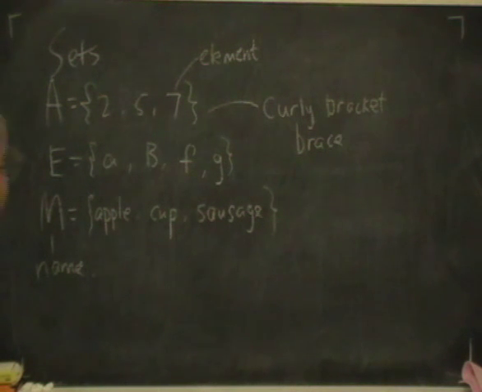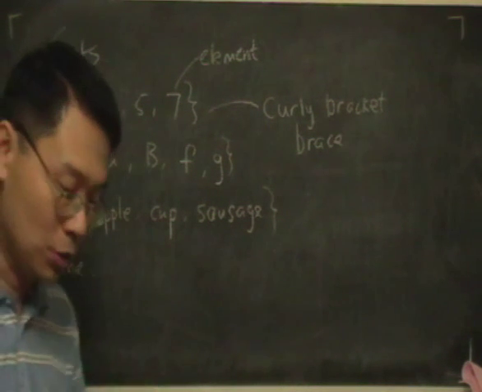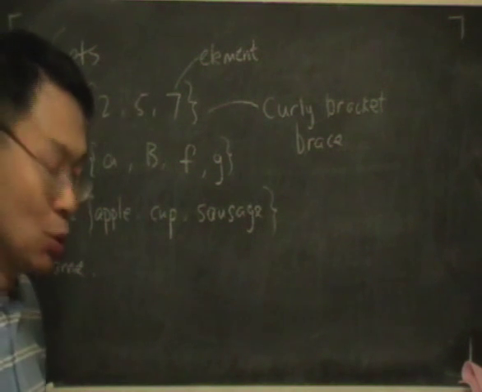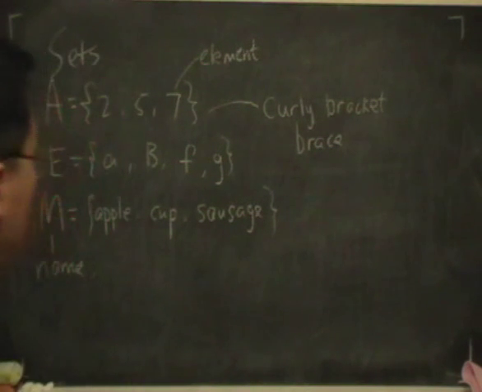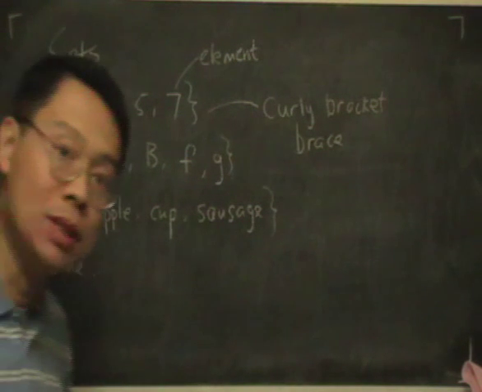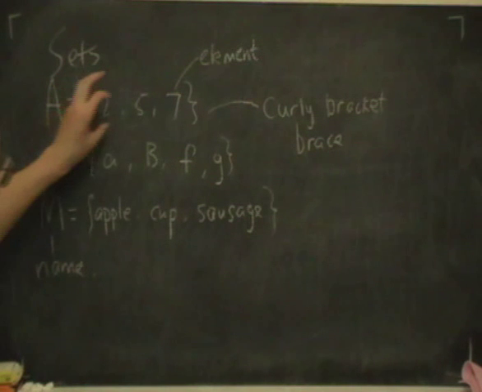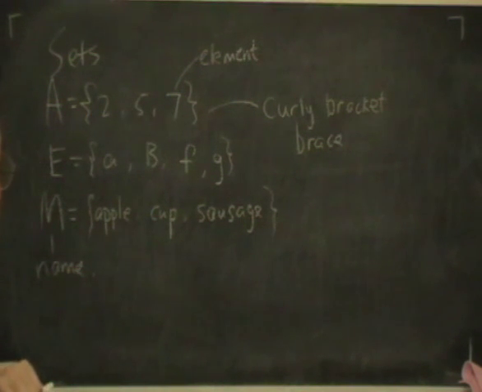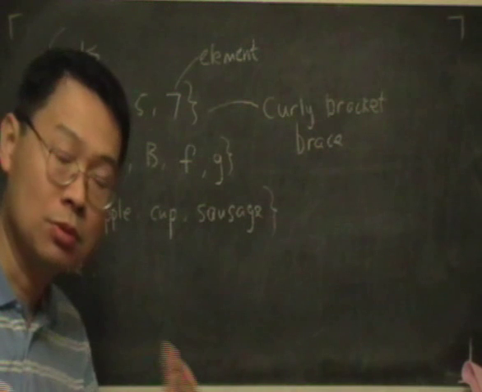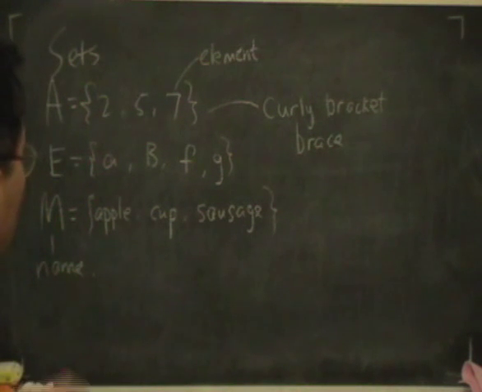Right. Now another thing that we would like to do about the set is that we would like to know or tell how many elements there are in a set. Now if I write out the whole set, then it's quite obvious how many elements there are.